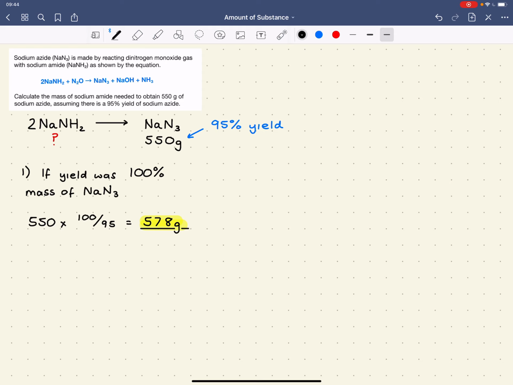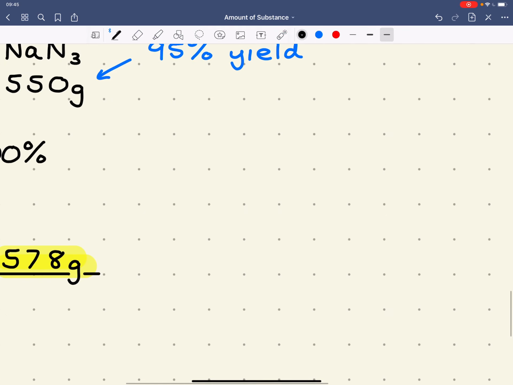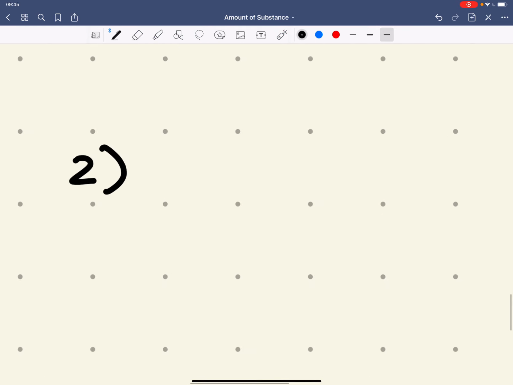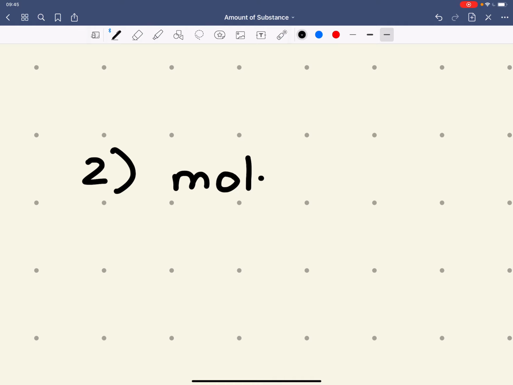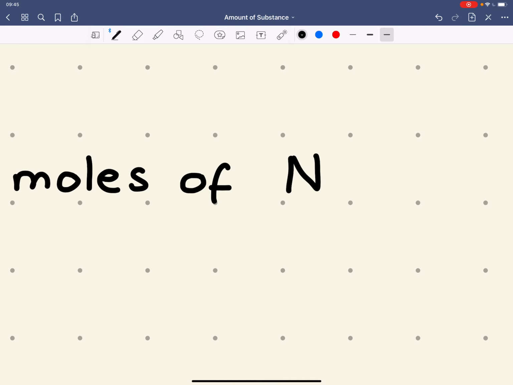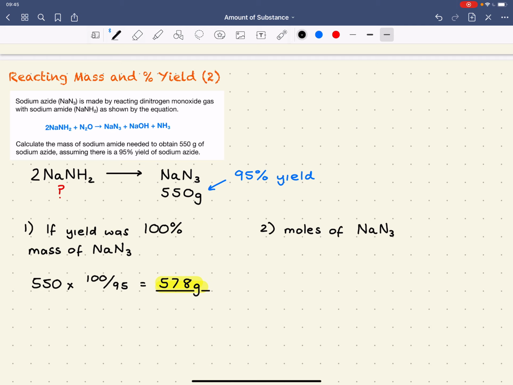So now we've done that, we can work out the mass of this eventually that you would need to produce this. Before we do that, we've got to work out the moles of this sodium azide, because once we work out the moles of this, we can work out the moles of this, then we can work out this mass.